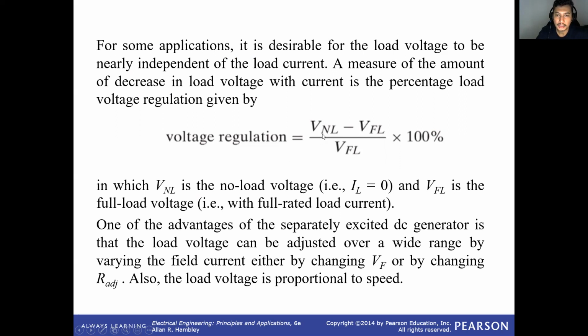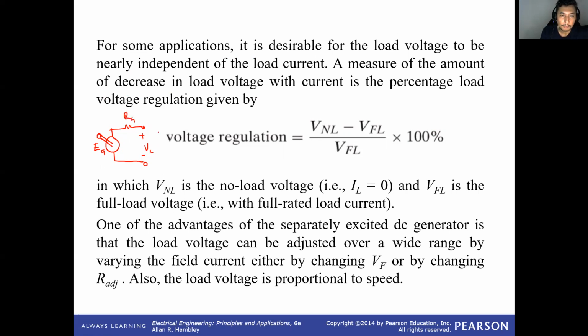V no load is the voltage at the terminal when your load current is zero. For example, in this circuit, this is your V load and this is your voltage induced due to the rotation of the machine, and this is your RA.